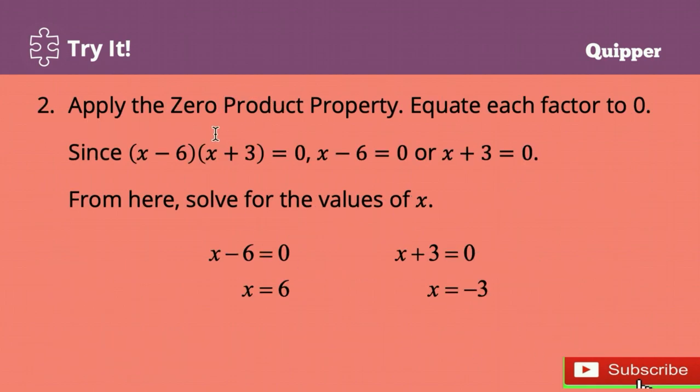And then apply the zero product property: equate each factor to 0 to find the values of x. For the first factor, x minus 6 is equal to 0, and x plus 3 is equal to 0. You have the value for x is equal to 6, and for the other factor, x is equal to negative 3.